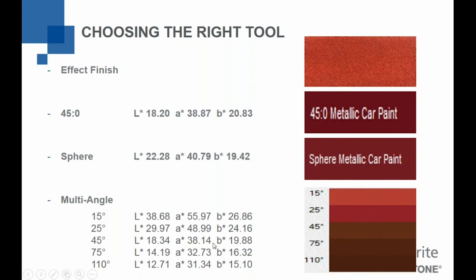So the 45-0 does a really good job of presenting to me that one angle of data about that color. It's that if I need to be able to control what some people call the flop or the color shift that's happening depending on angle, a multi-angle instrument may be required.